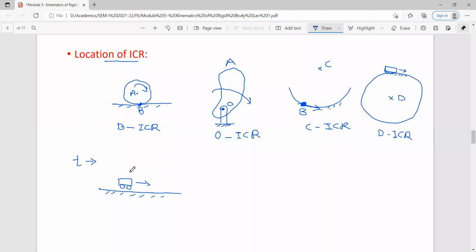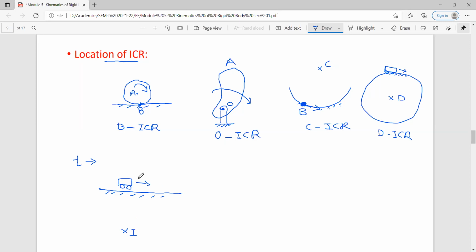Are you understanding this concept? Even if the particle is moving along a straight line, it can be assumed that it is rotating about some center of rotation, which we call the ICR. We can assume that this particular body is rotating about this point.